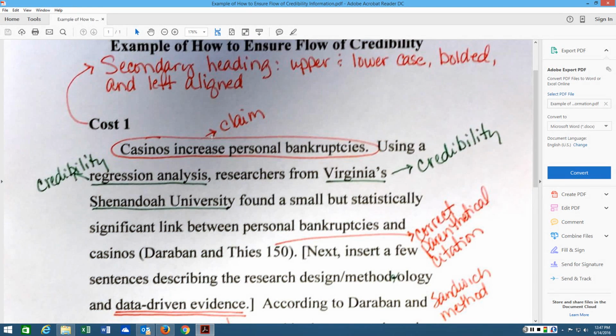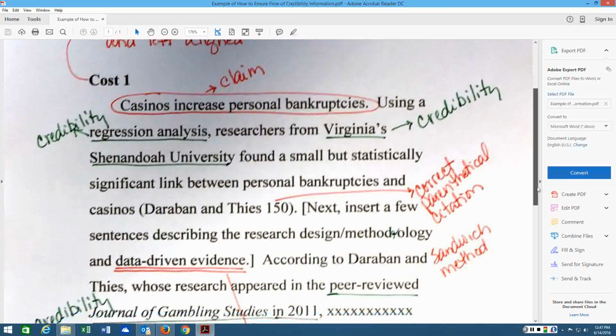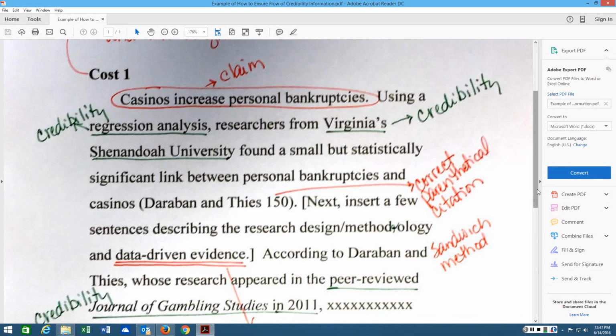Alright, so getting on to how you structure your information. I did send out just a moment ago a couple of examples of essays from the previous spring semester, so you can take a look at those and see the structure of how a good essay is organized. But you're going to start each claim.